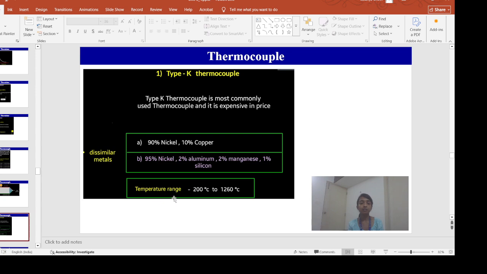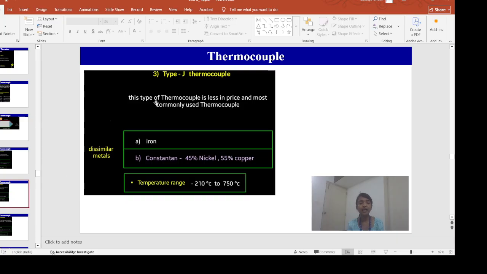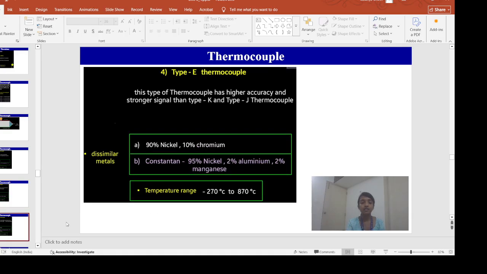Here the temperature range is minus 200 degree centigrade to 1260 degree centigrade. Now type J thermocouple is less in price but most commonly used. Here the two materials are iron and constantan, which is 45% nickel and 55% copper. Here the temperature range is minus 210 degree Celsius to 750 degree Celsius.